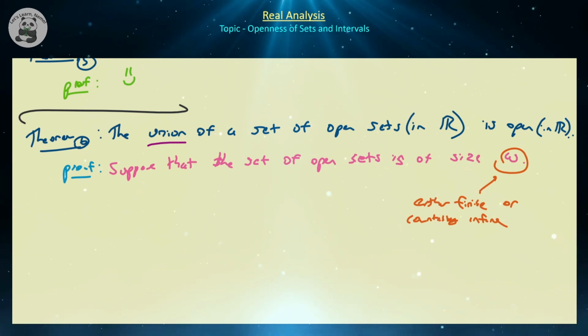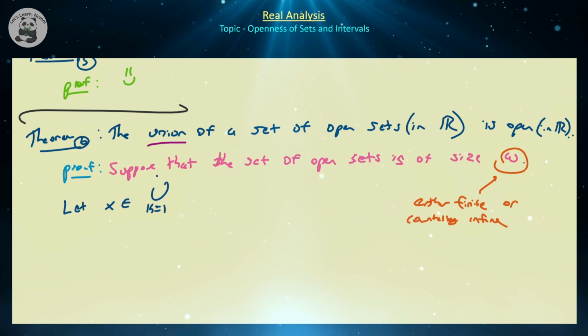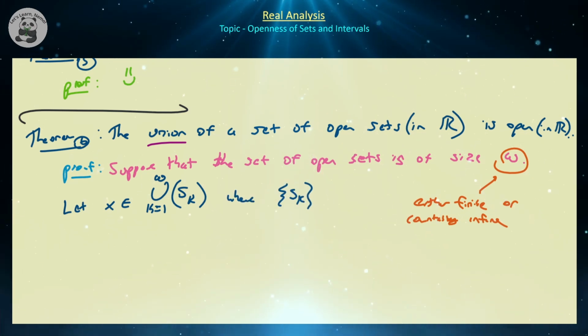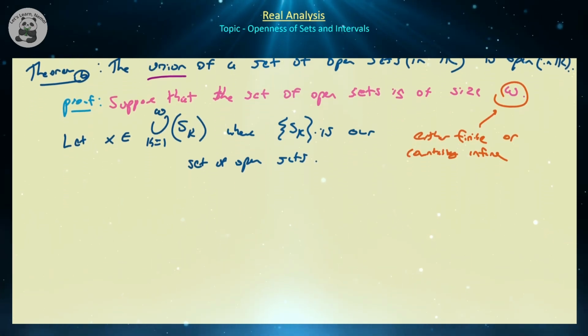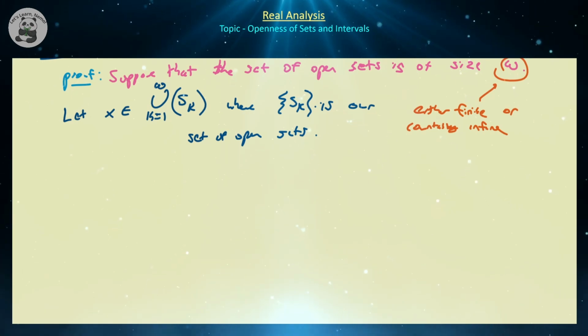So if that is the case, we're going to let x be an element of the union from k equals 1 to omega of these sets Sk, right? So in some sense, we're enumerating this set of open sets, okay? And here, this Sk set is our set of open sets, right? So S1, S2, S3, S4, all the way down to S omega are all open.